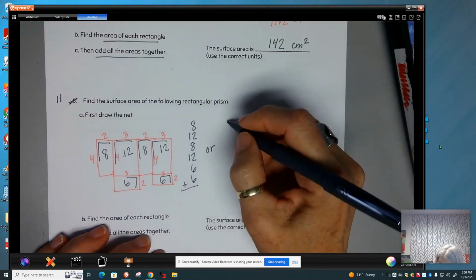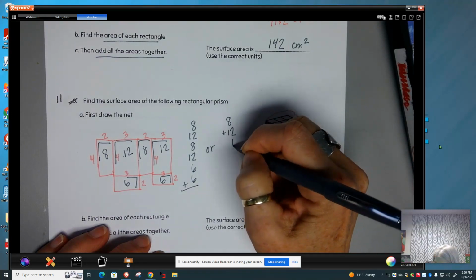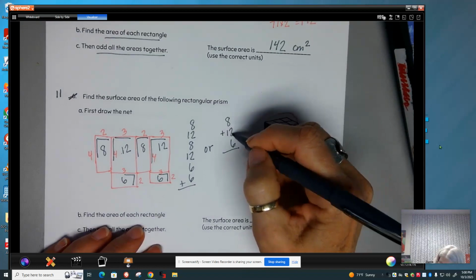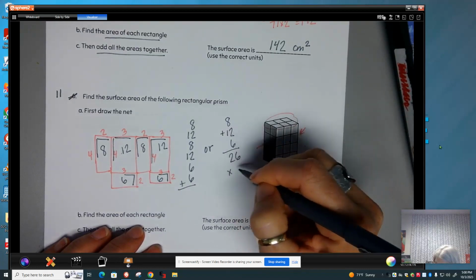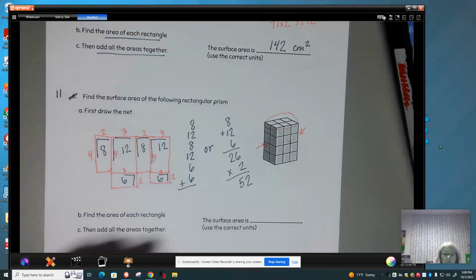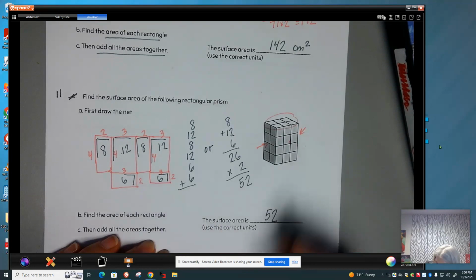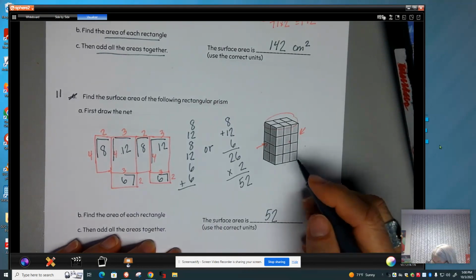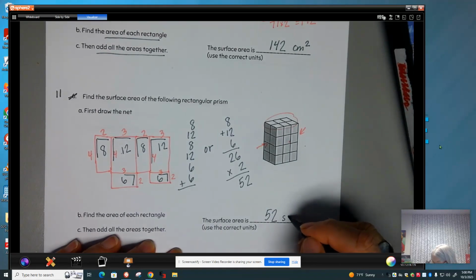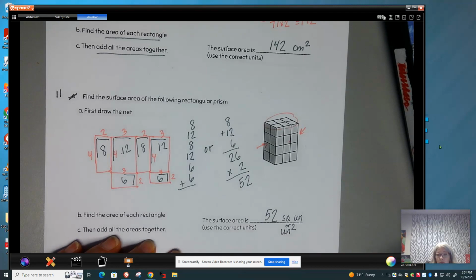Or you have 8 plus 12 plus 6, which is 26, and then times 2, which is 52. So the total surface area is 52, and it's units. These are our little units. You can say square units, or you say units with the 2, which means units squared.